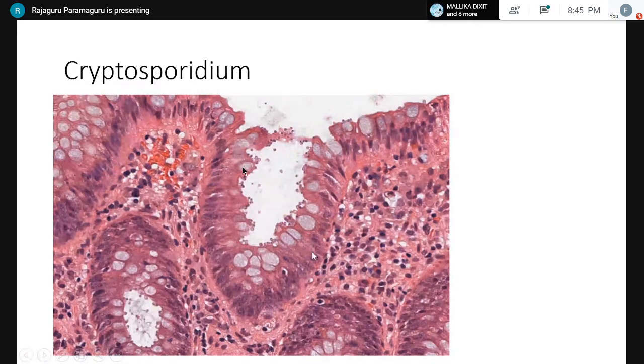And this is the last case from me today. Recently we got a biopsy from the cecum of a 45-year-old female. Anyone with a diagnosis for this?